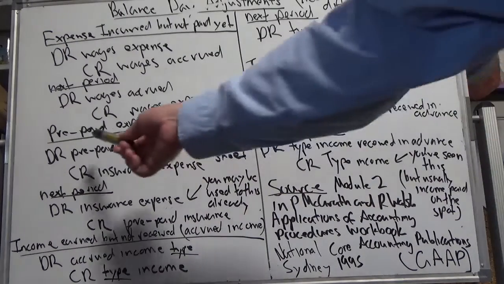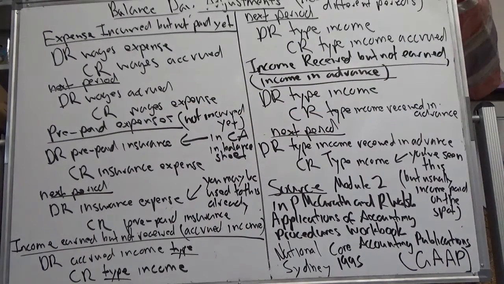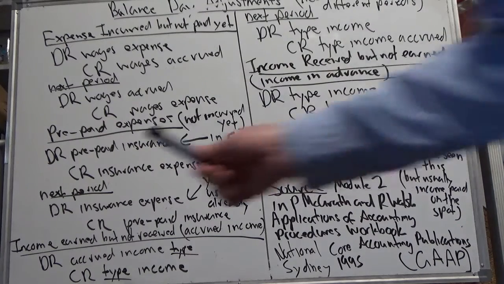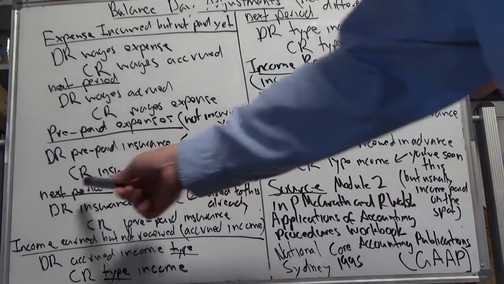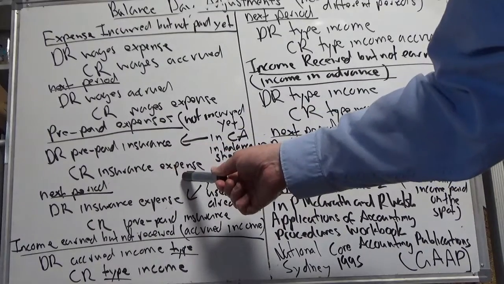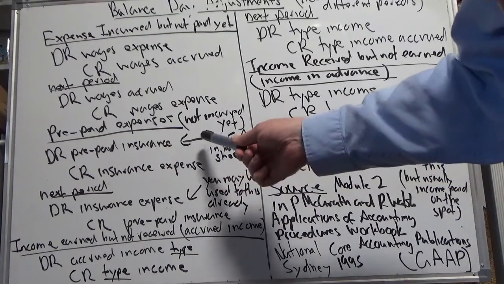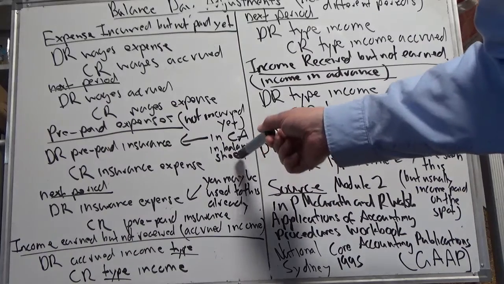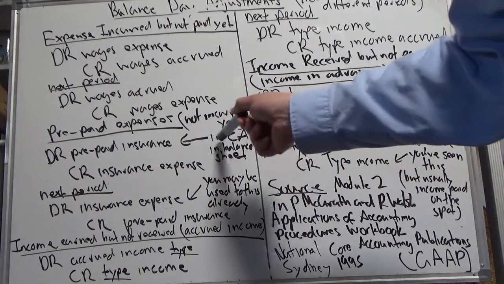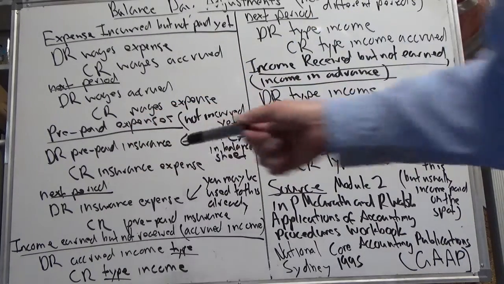The next one is prepaid expenses. This time round, you have paid for an expense up front, but it hasn't been incurred yet, such as prepaid insurance, okay? It's a prepayment, debit prepaid insurance and credit insurance expense in that period, right, period 1. And oh, by the way, that sits in the balance sheet in current assets, prepaid insurance.